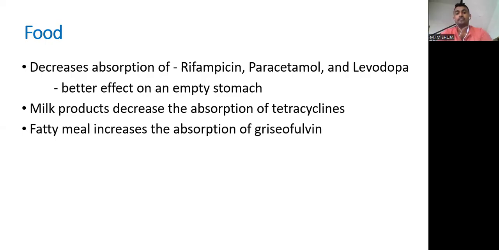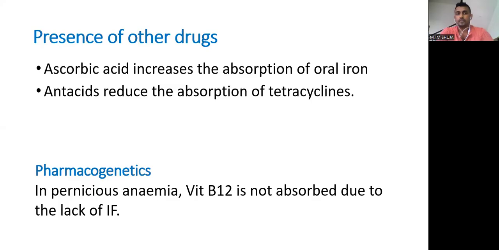Milk products decrease the absorption of tetracycline. Fatty meals increase the absorption of griseofulvin. Presence of other drugs like ascorbic acid increases the absorption of iron. And if you have pernicious anemia, your vitamin B12 is not absorbed due to the lack of intrinsic factor. So you have to know a few examples for each incident.